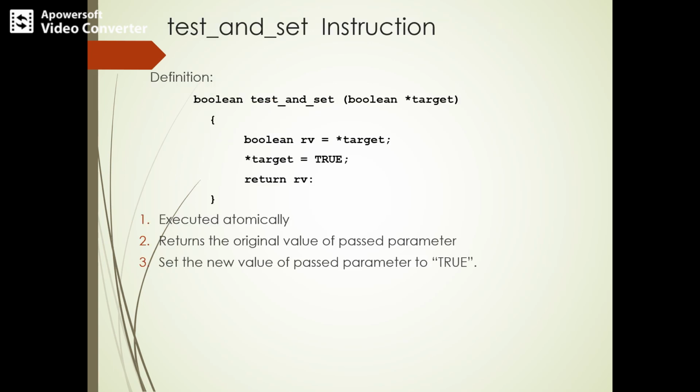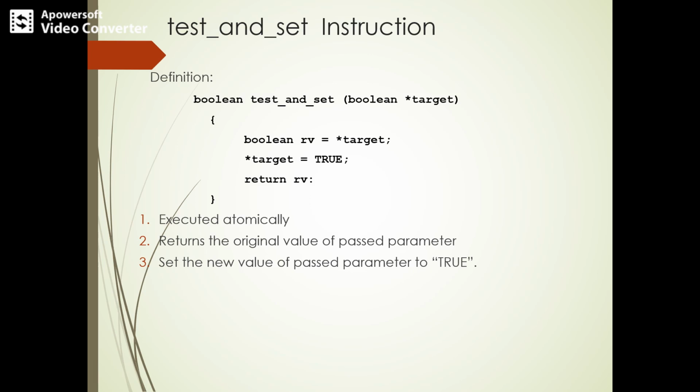And here we can see the idea of the test and set instruction. We have boolean rv equals target. This is a test and set instruction, and the most important characteristic is that the instruction is executed atomically. The target value is taken and stored in rv, the target is set to true, and you return rv.